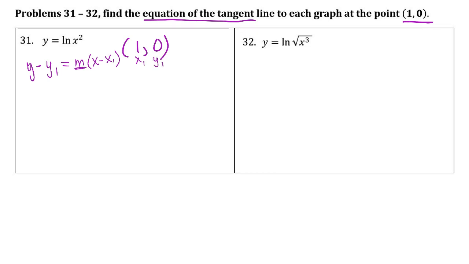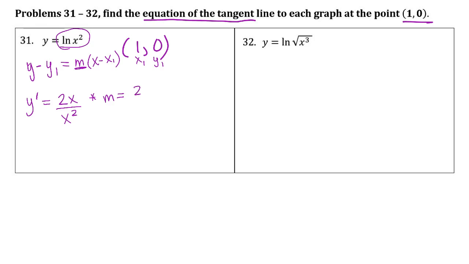Now to find m, that's why we need a derivative, because we need the derivative of this, and then we're going to sub in. So y prime equals, well, the derivative of the natural log of stuff, it's going to be stuff prime over stuff. And now to get our slope, m is going to be equal to, we're going to sub in 1.